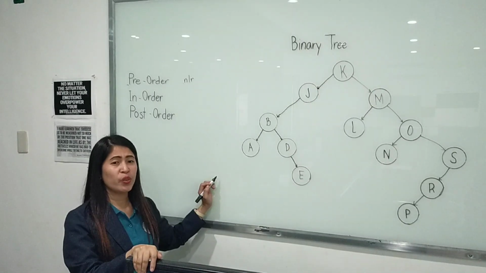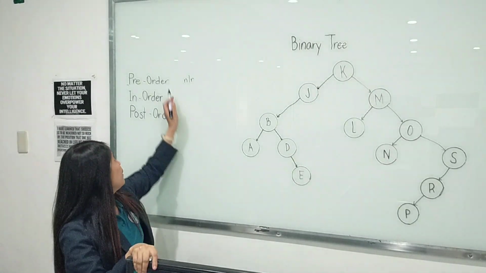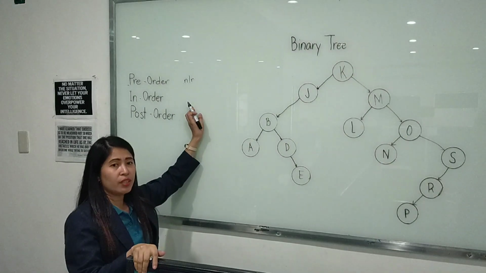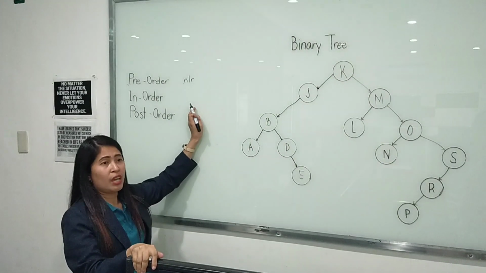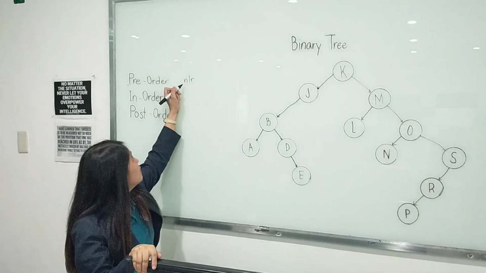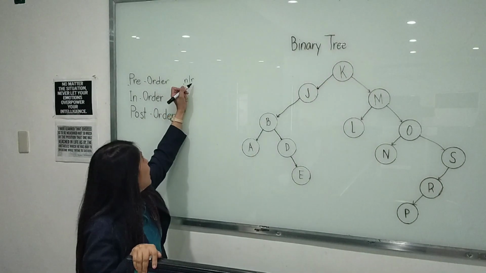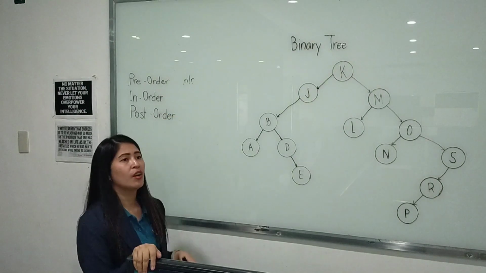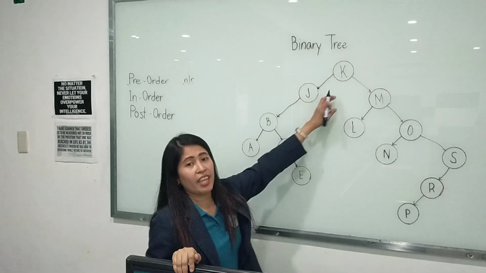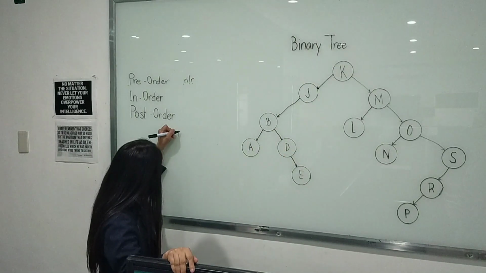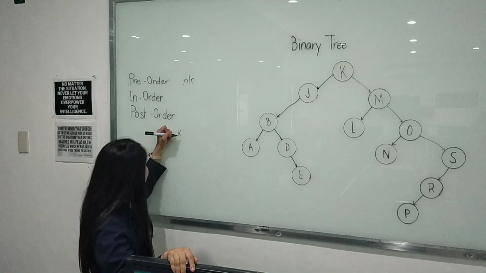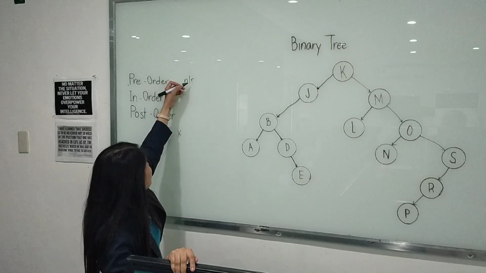So now we're going to execute the policy of pre-order traversal. We need to remember that we have to visit first the node, then the left subtree, and the right subtree. So for this, we will go first to the K. So we will print the K. And then next, we will visit the left subtree.